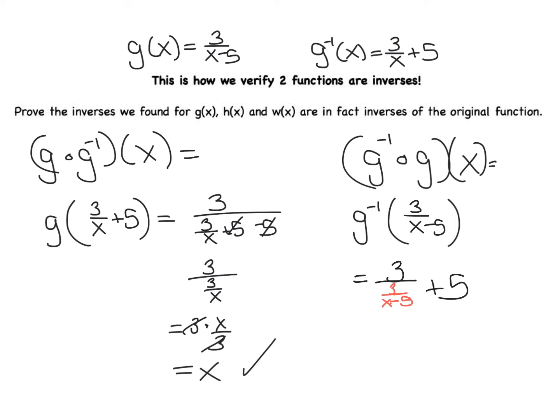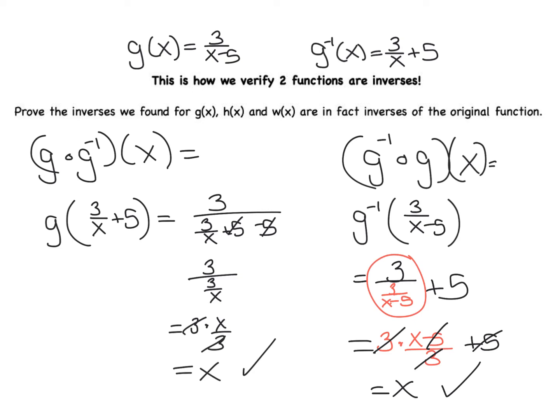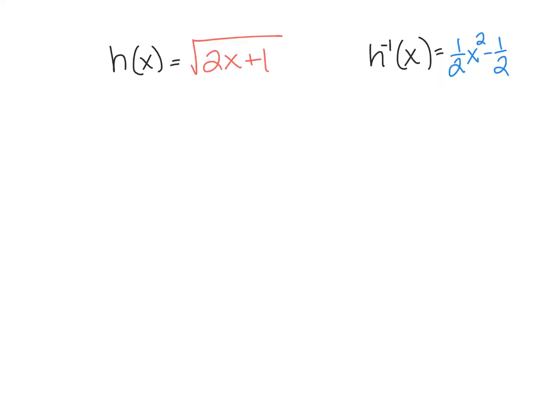Okay, so I kind of have something a little bit ugly right here, but 3 divided by 3 over x minus 5 would be 3 times x minus 5 over 3. I got this plus 5 hanging out over here. This and this would cancel, so I'd get just x minus 5, and then I'd have plus 5. They would cancel, and I would get just x. So it works.